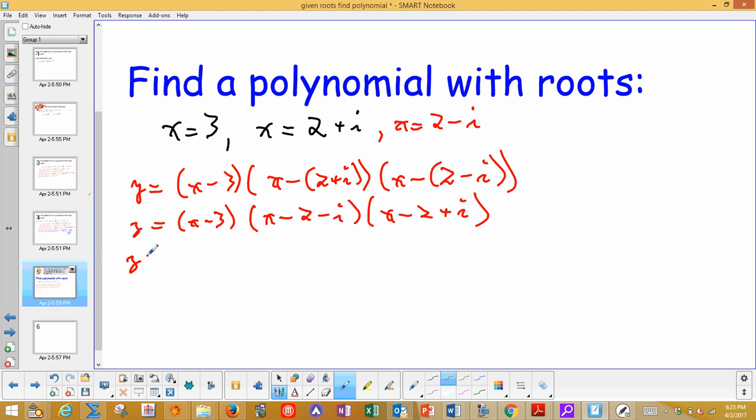And now I've got to go through my multiplying out. And what I'm going to end up with is, you might guess, a quadratic with no real roots.